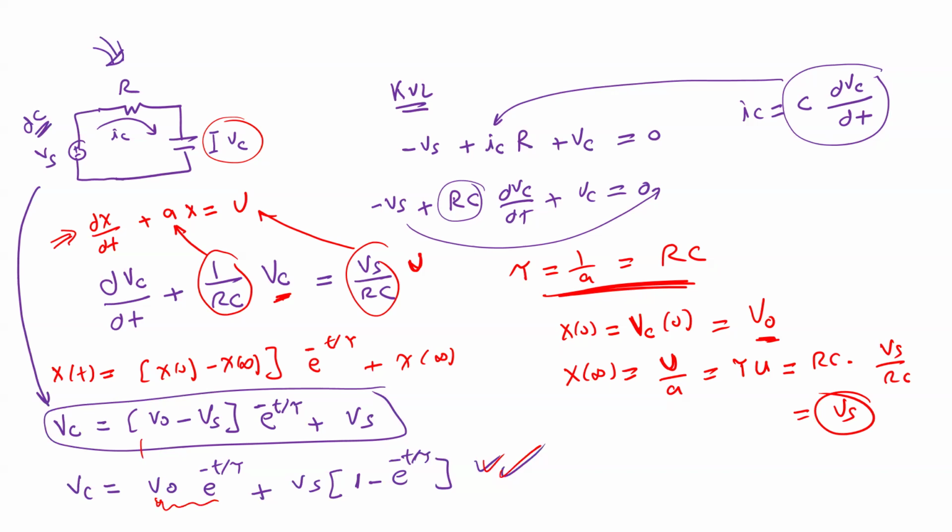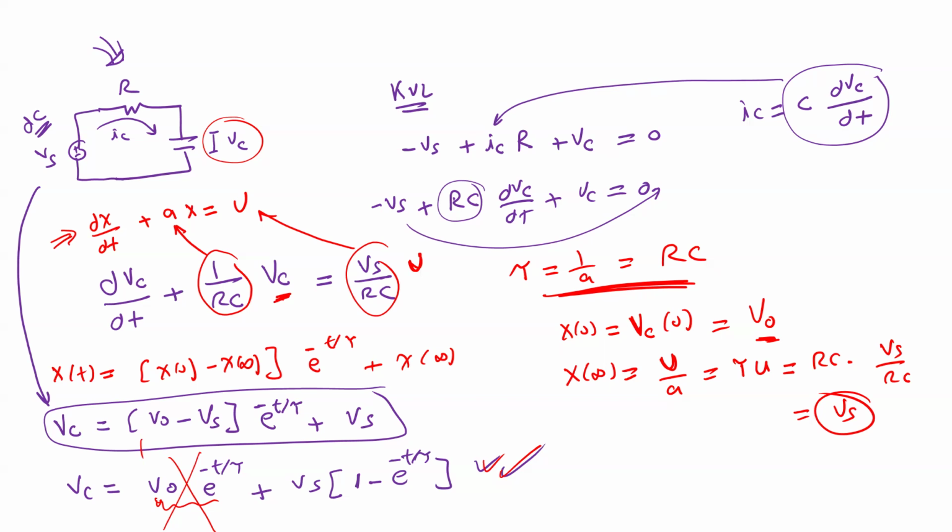Number two, this format tells me this is the transient part and this is the steady state part, and this one is because of the initial voltage, and this one is the impact of the battery, Vs. For sure, if the capacitor was not charged and there is no charge in the capacitor, this term should be zero, because the initial voltage is zero. Any questions, guys?